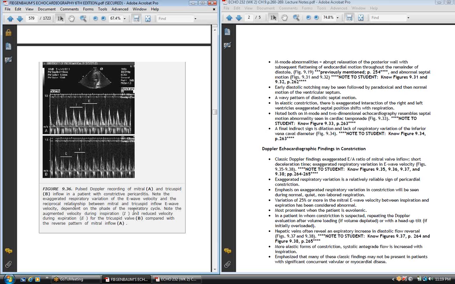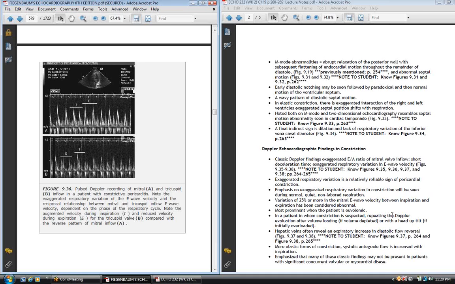Remember from tamponade, you have an augmented velocity during inspiration and a reduced velocity during expiration for the tricuspid, compared with the reverse pattern on the mitral. Remember from tamponade, your mitral is reduced during inspiration and augmented during expiration. So again, it's exactly the opposite.